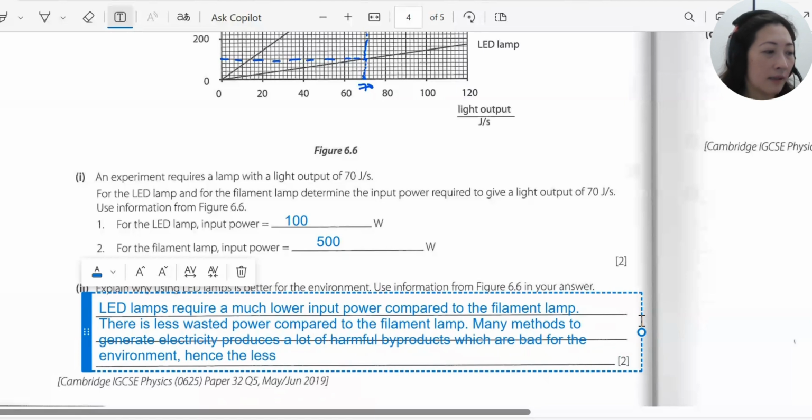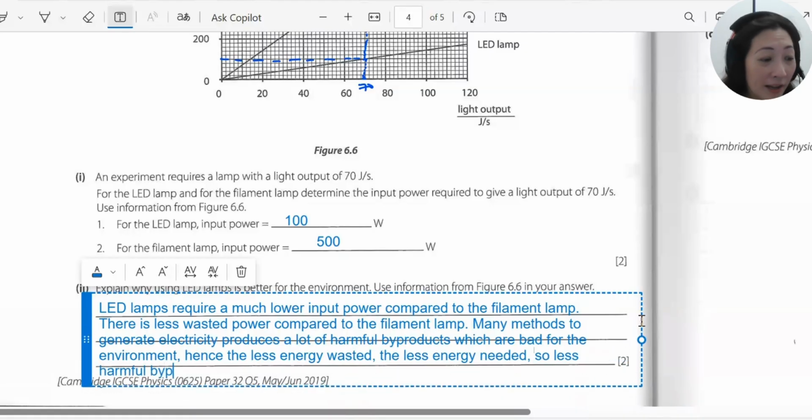Hence, the less energy wasted, the less energy needed, so less harmful products will be released. Something to that effect.